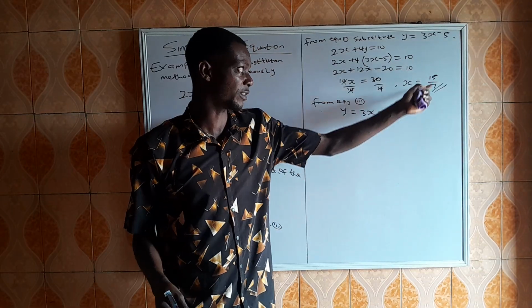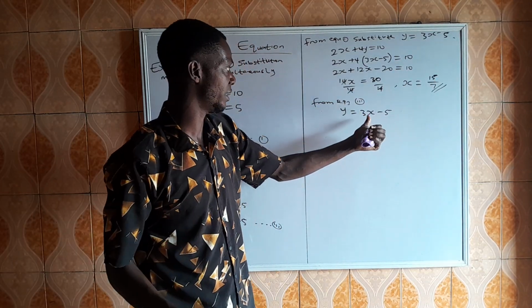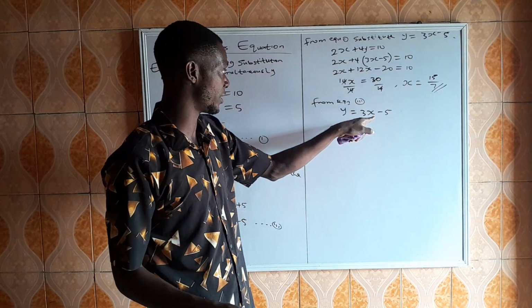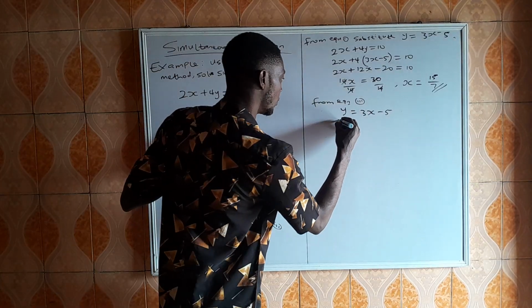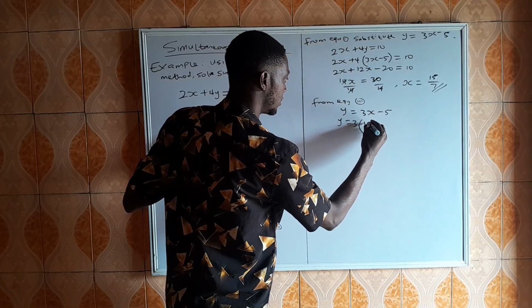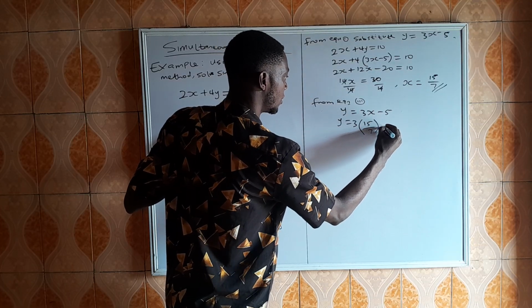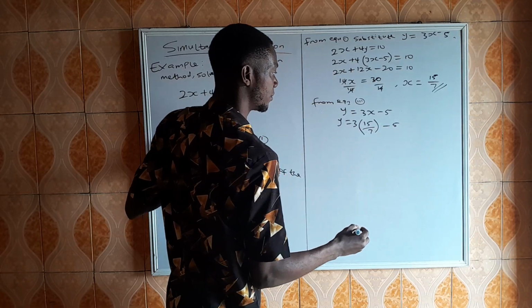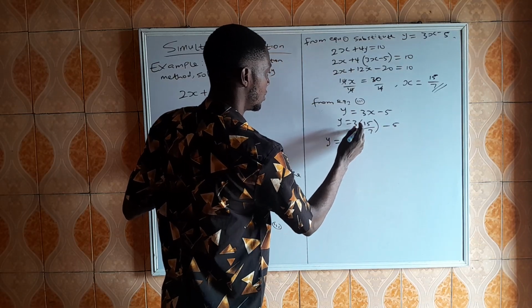When you substitute x equals 15 over 7 into y equals 3x minus 5, you have y equals 3 times 15 divided by 7, minus 5.